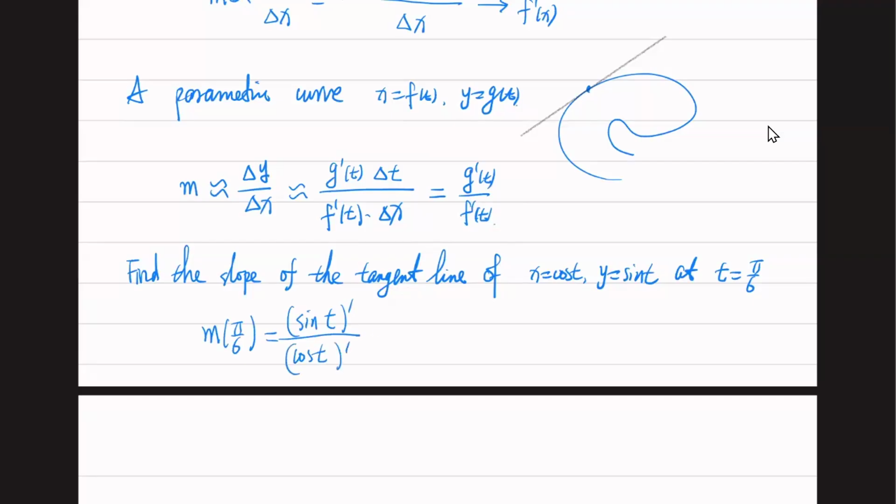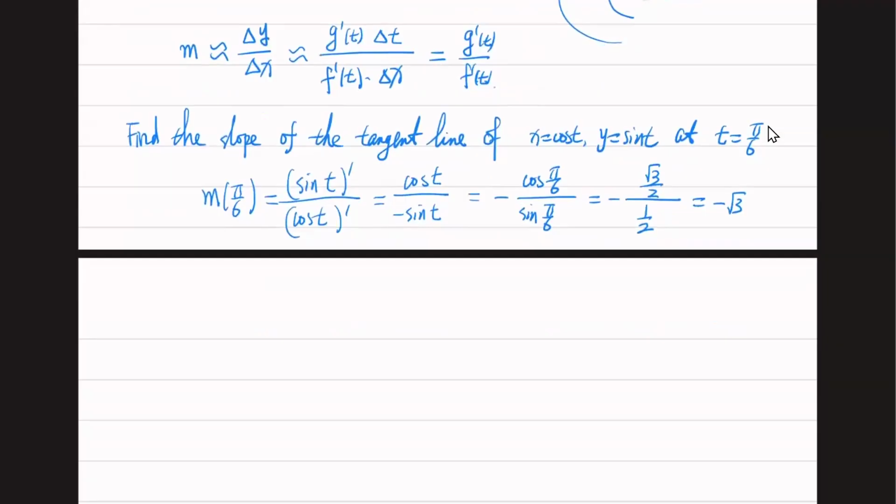So the derivative of sine t is cosine t, and the derivative of cosine t is negative sine t. At pi over 6, cosine pi over 6, sine pi over 6. The cosine pi over 6, oh sorry, cosine is square root 3 over 2. In this way we find the slope.